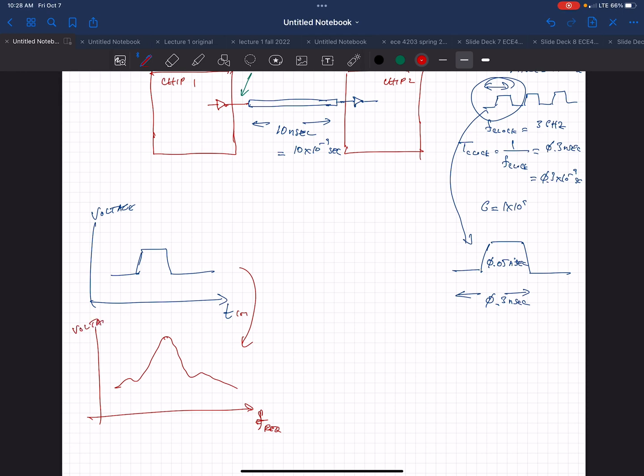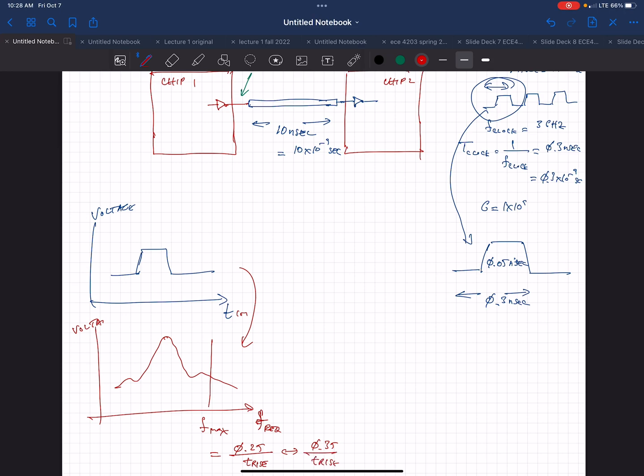Typically people say, and these frequencies go on for like infinity, okay? But they say the majority of the interesting information in this frequency space is limited to something I'm going to call F max. And a rule of thumb is that it is equal to 0.25 over what's called the rise time to about 0.35 over the rise time.